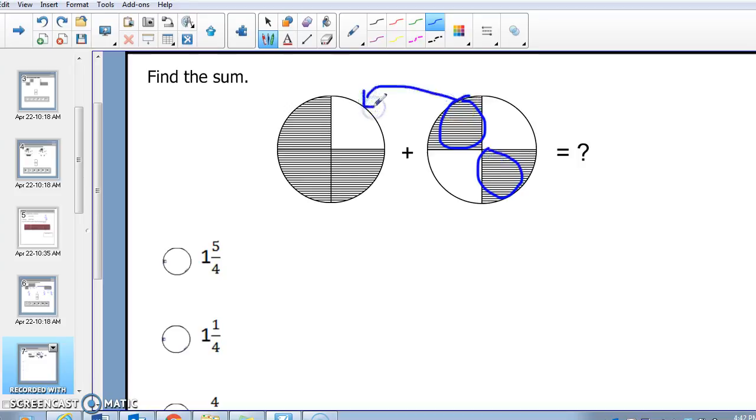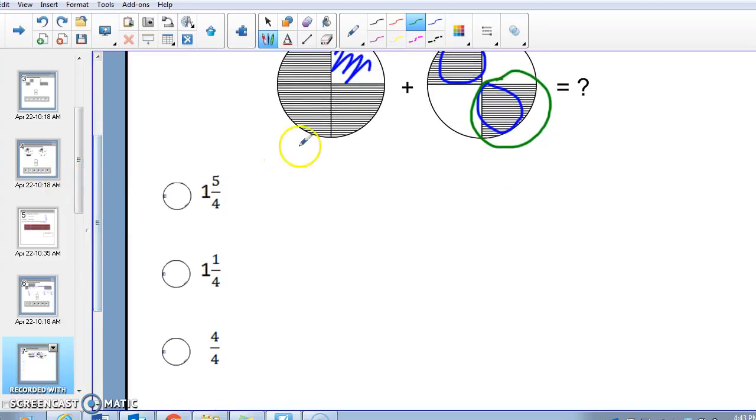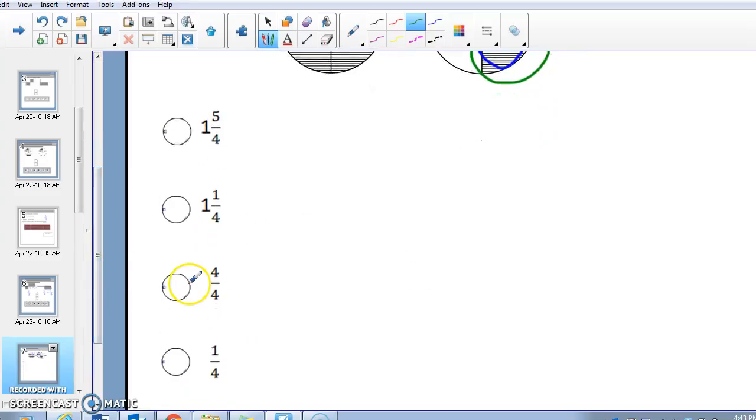So what's going to end up happening here? You're right, we're going to get more than a whole because that would fit here. Then we still have this extra one here. So that would mean we're going to need one of our mixed numbers, a whole plus a part of a whole. So which mixed number would it be? Very good. 1 and 1/4.